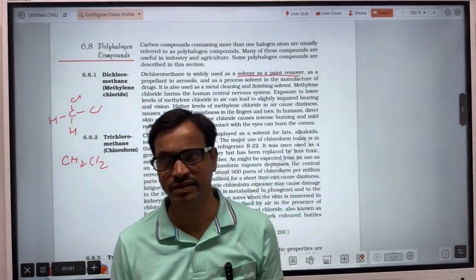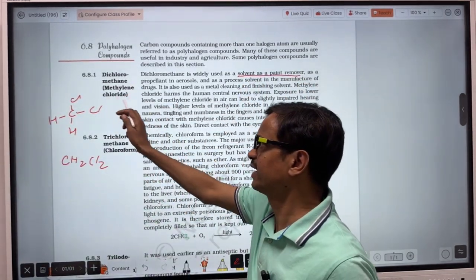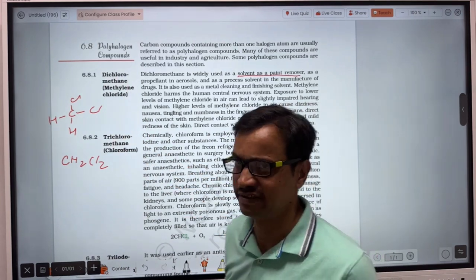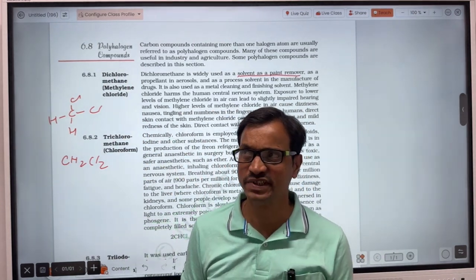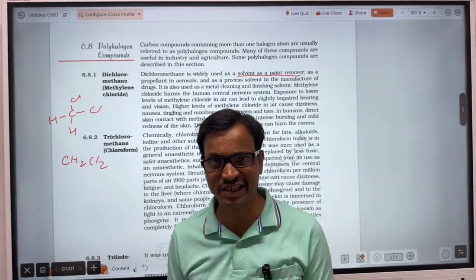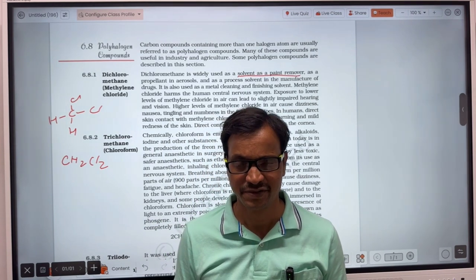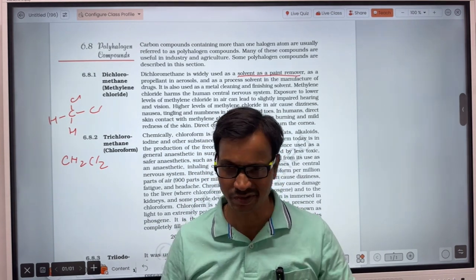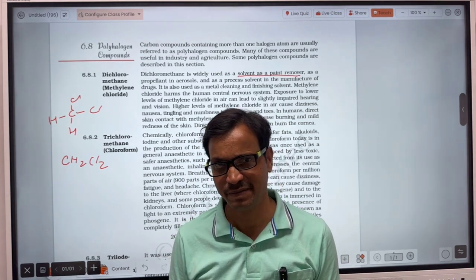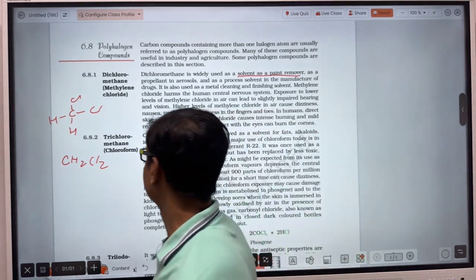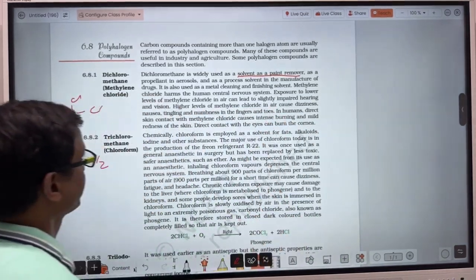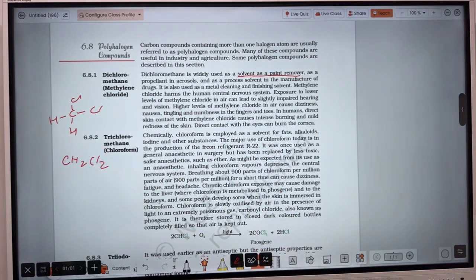Wherever there is paint, when you take this dichloromethane, it will dissolve that paint in itself, so your clothes or goods will become stain free. So that is the first one, a solvent and paint remover.